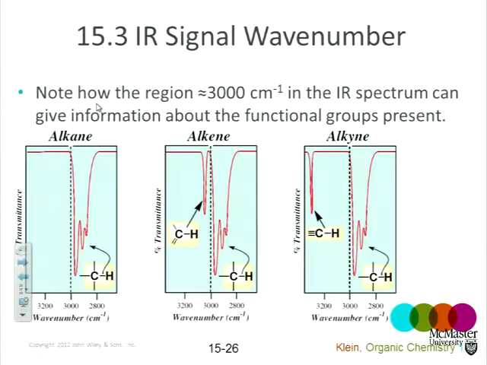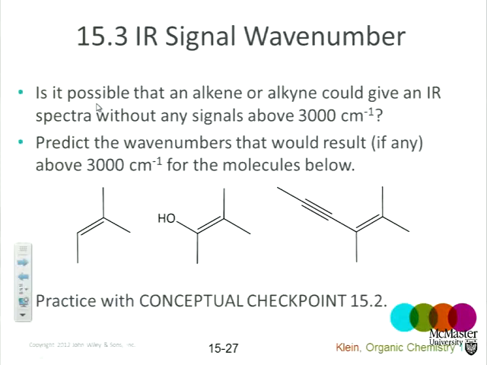What else can we do here? There's a typical sort of representation of an alkane. You see nothing above 3,000. An alkene, and an alkyne with a CH bond in it. Quite distinguishable characteristics. Okay. So, of course, we have to be careful.